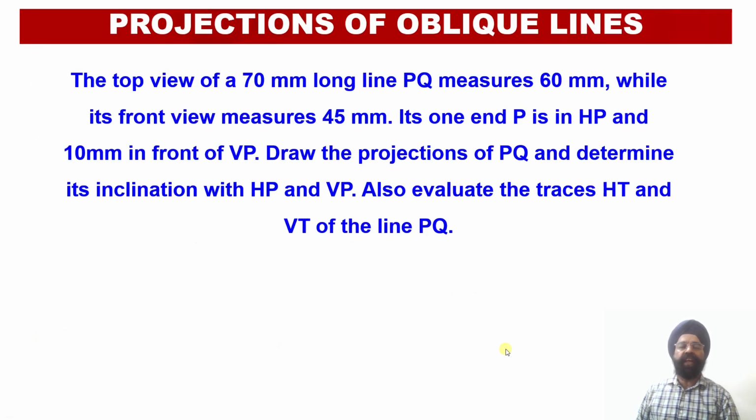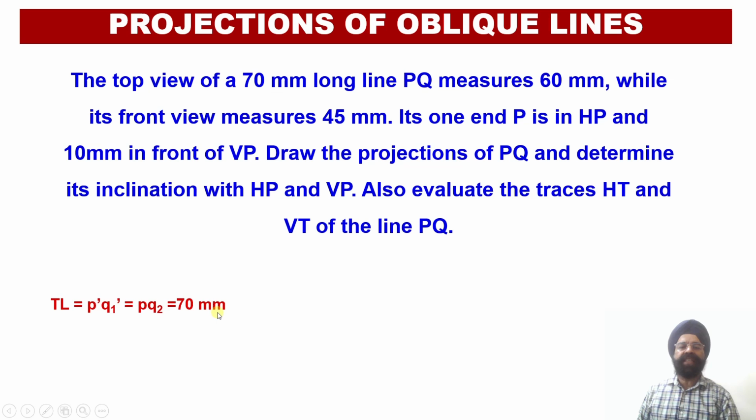Now let us evaluate the problem that we have with us. The top view of a 70 millimeter long line measures 60 millimeter. So it means that the true length of the line, which is PQ, happens to be 70 millimeter. We can mark the true length in the front view or the top view as P dash Q1 dash or PQ2.